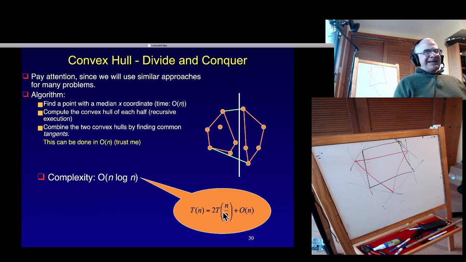Remember, I picked the median, so to the left of the median I have n half many points. To the right of the median I have n half points as well.